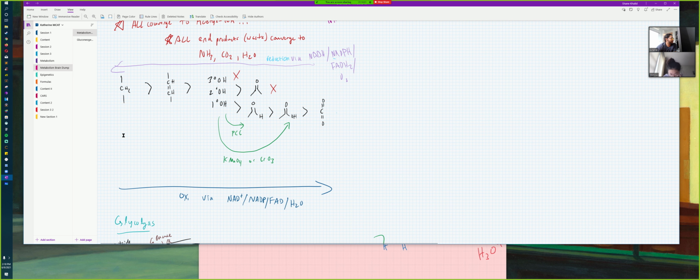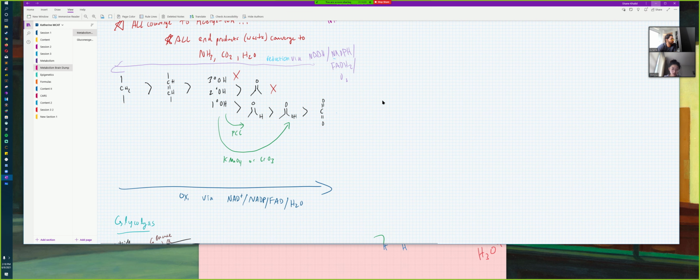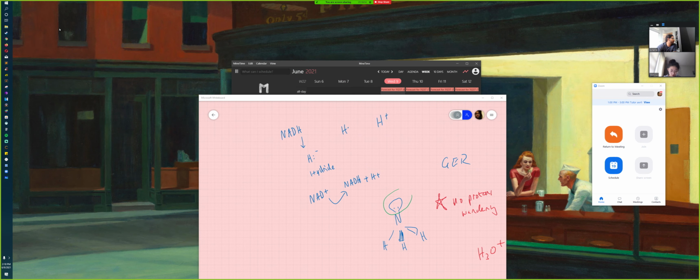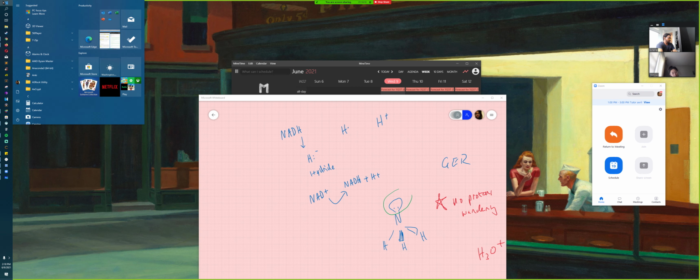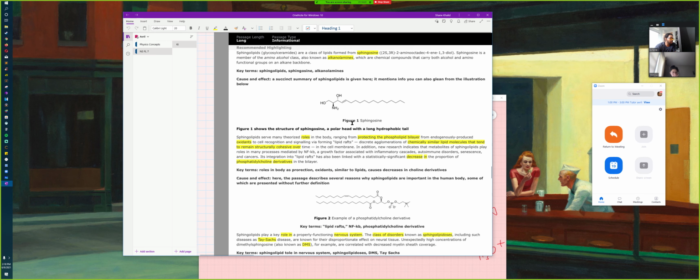So then the answer is D, because aluminum hydride will work on the double bond. Everything else will remain the same. So the double bond should turn into a single bond.